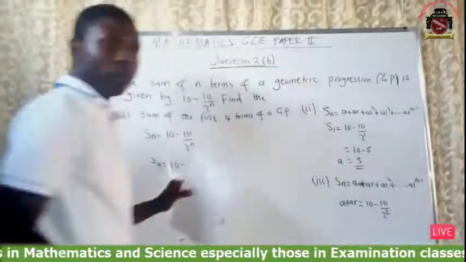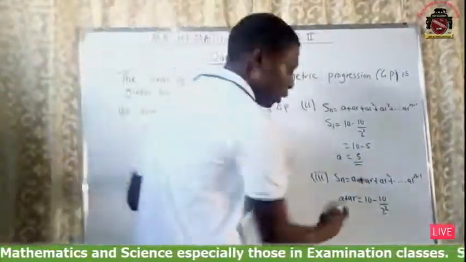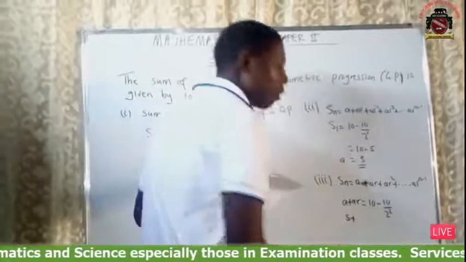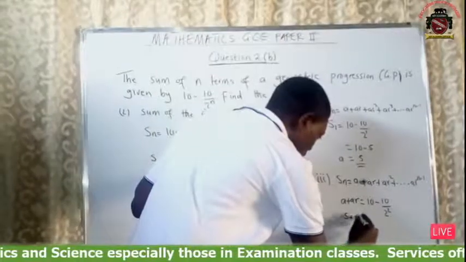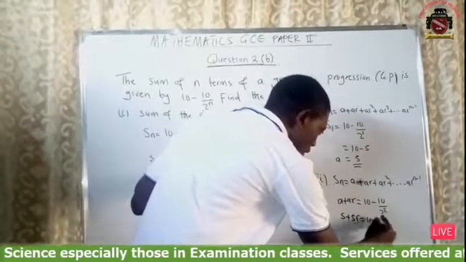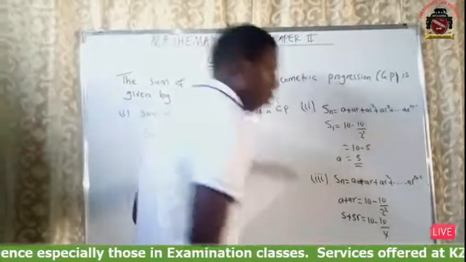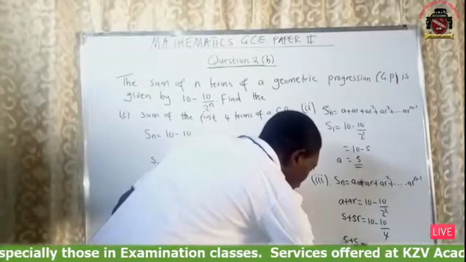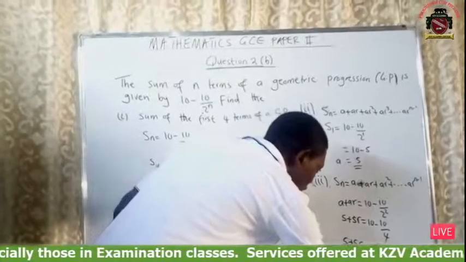We know what a is, the first term, which is 5. So 5 plus 5r is equal to 10 minus 10 over 4. Now here we have 5 plus 5r is equal to, 10 over 4, what do we get?